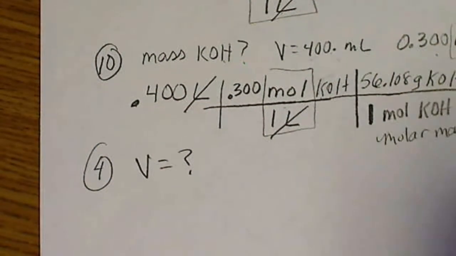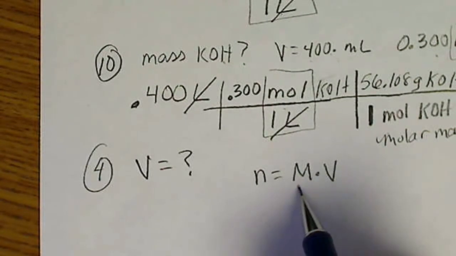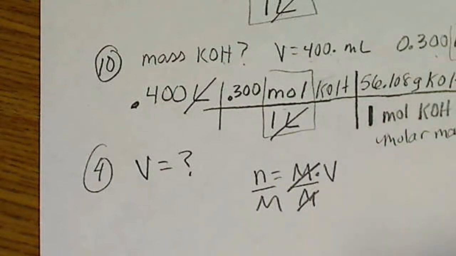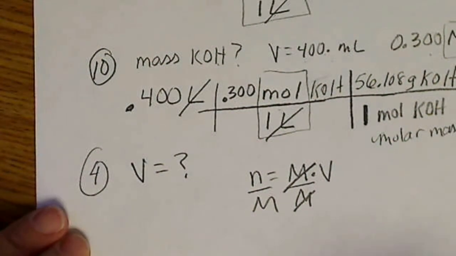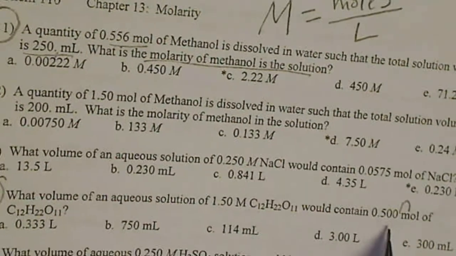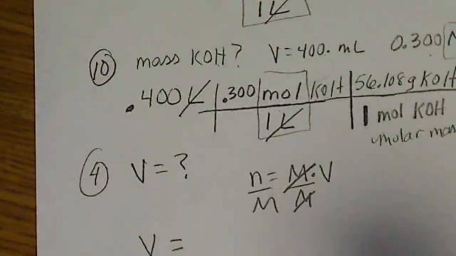So if we're looking for volume, this is really the best formula to remember. If I want to solve for volume, I'm going to divide both sides by M. And in question 4, we're told that the moles that we want is 0.5 moles, and our capital M is 1.5.